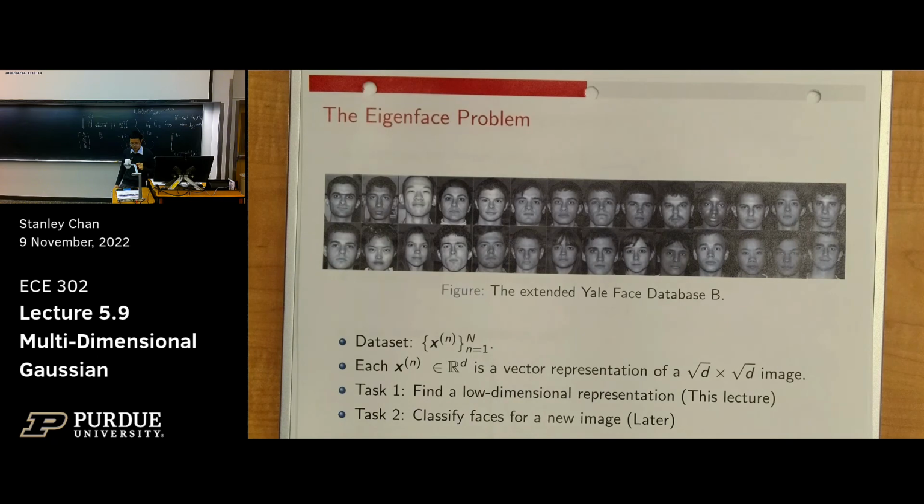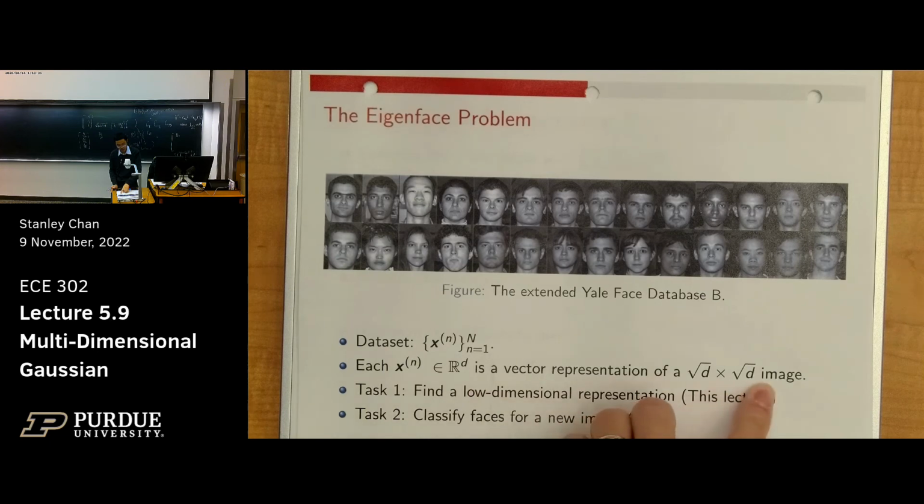I forget the dimension of these faces, but you can always reshape them into column vectors. Each image will be an n by n matrix. You can make it into a long column vector by np.reshape. So you have all these vectors. Each vector represents a d by d image.